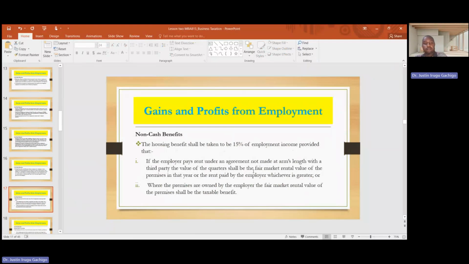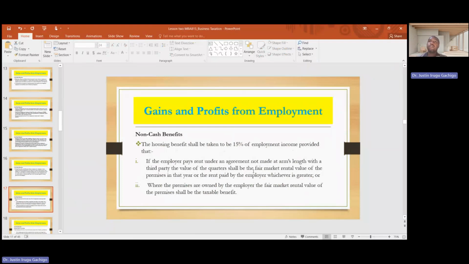Arm's length means, let's say you are given housing where the employer pays rent under an agreement not made at arm's length with the third party. So the employer pays, but let's say you are living in a house of 50,000. That's the rent that is being paid.